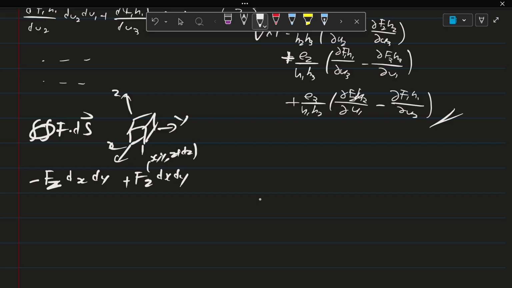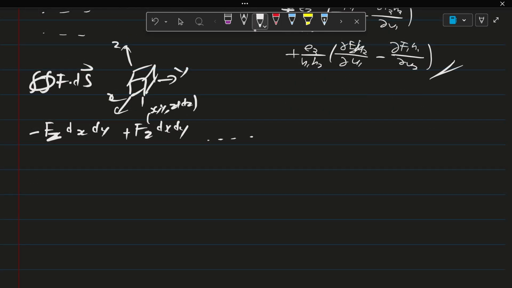So that's the difference, and then this would extend towards every single cardinal direction. So this could later be combined straight away because this is x point y point z anyways. This would be partial fz over partial z dz dx dy.